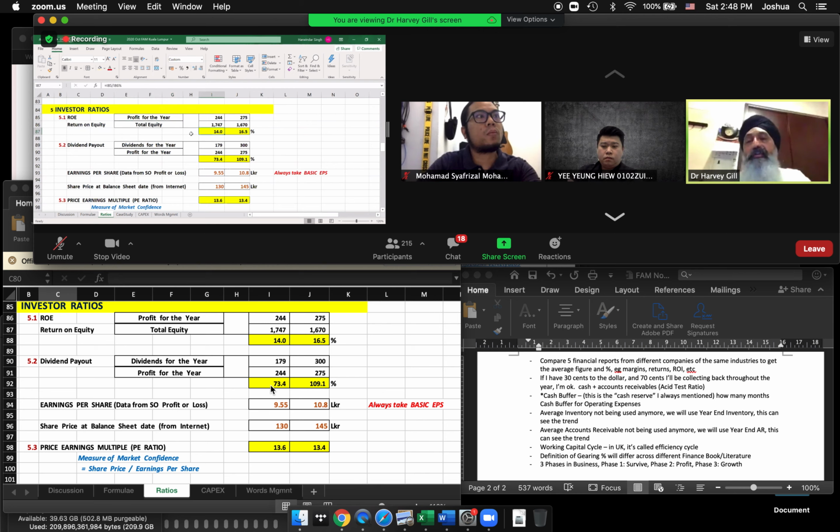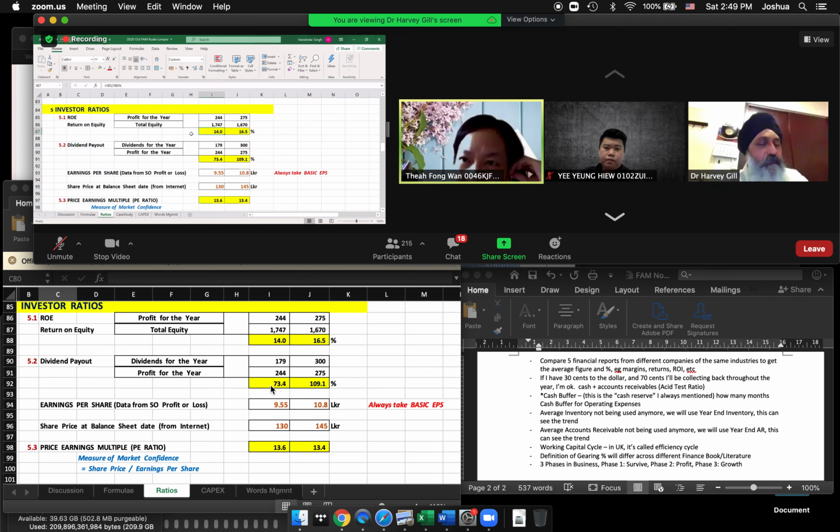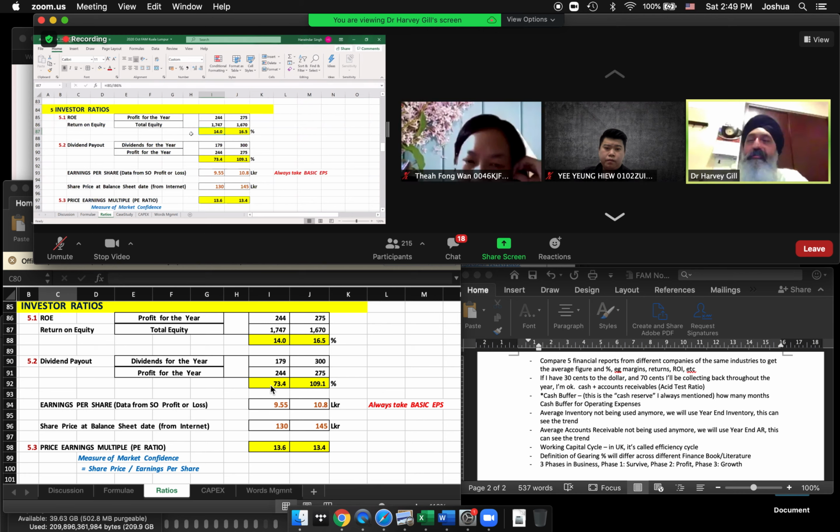If this was a Malaysian company, then I would ask myself, what is the unit trust average returns for a balanced equity fund? Is it about 7 or 8%? Yes, about that. So people ask me, what should the ROE be? I say double that.